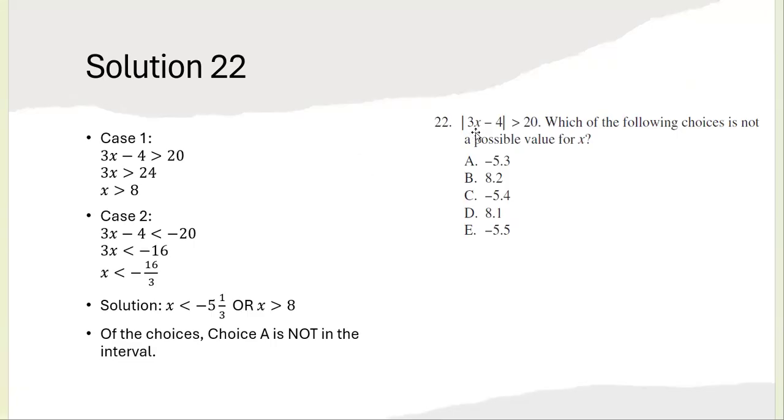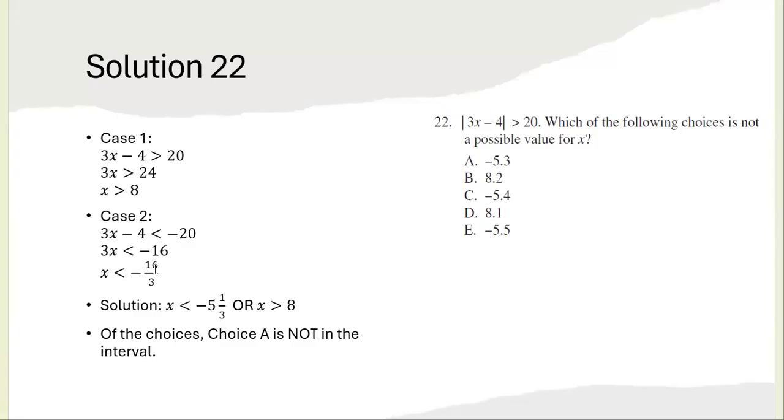You take one just as it is without the absolute value sign, so 3x minus 4 greater than 20. In the second case, we flip the inequality sign and add a negative. So it'll be 3x minus 4 is less than negative 20. We solve for x in both cases. X is greater than 8, or x is less than minus 16 over 3.